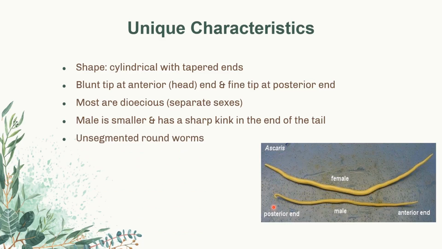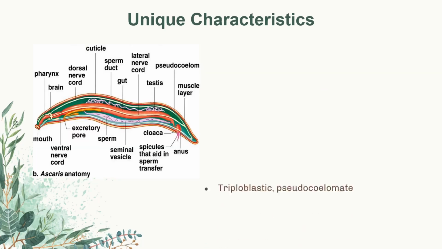They are unsegmented roundworms, so they don't have segments, and they are considered to be eumetazoans, having true tissues. They also have bilateral symmetry and cephalization, meaning they have an anterior head. The nematodes are considered to be triploblastic, meaning they have three germ layers: the mesoderm, the ectoderm, and the endoderm.